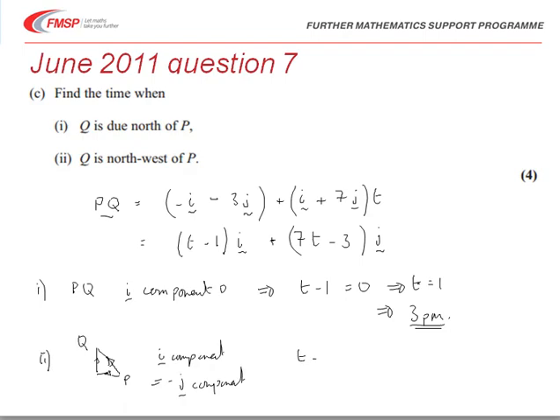In other words, t minus 1 is equal to negative of 7t minus 3. Rearranging that, we get 8t is equal to 4, and therefore t is equal to 1/2. Putting that into a time, it's 2:30 p.m.